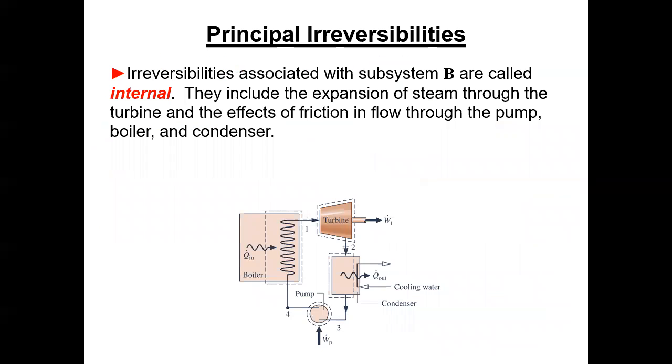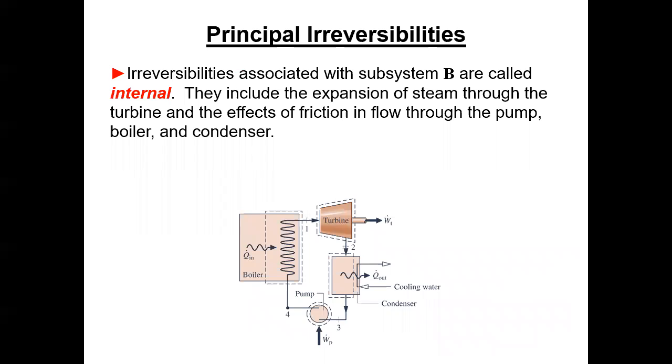Okay, so irreversibilities associated with subsystem B are called internal, because we're studying the Rankine cycle. They include the expansion of steam through the turbine. Once you go from that high pressure to that low pressure, you don't have that magic dog whistle that makes the steam run back the other direction. It just won't swim upstream. It's not like the salmon out there in Seattle, heading for the ocean.